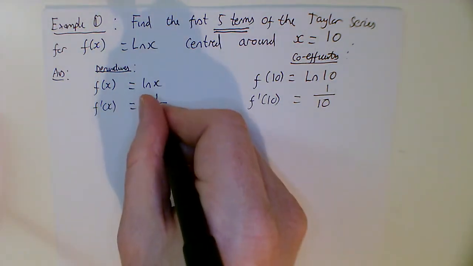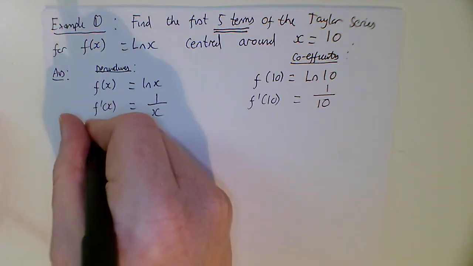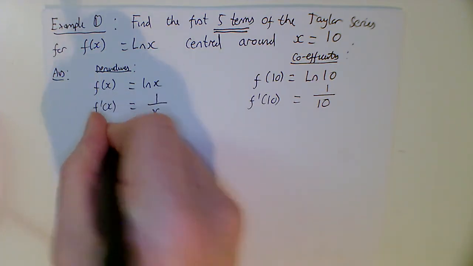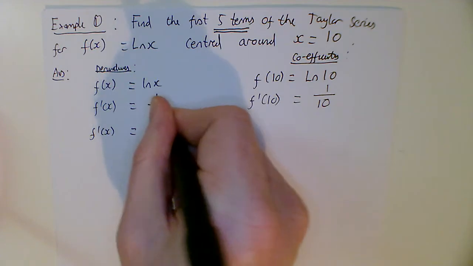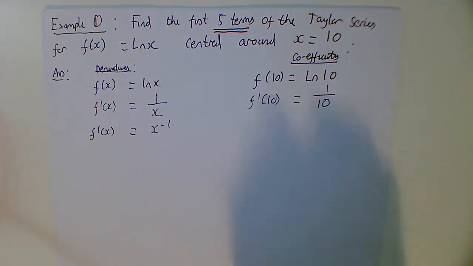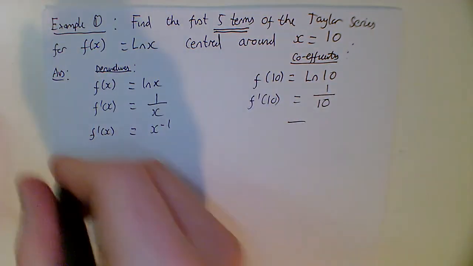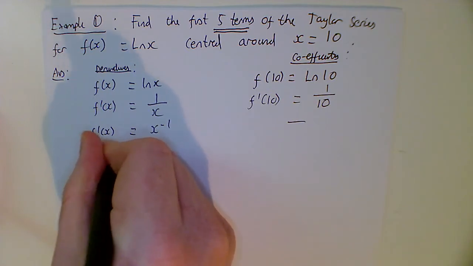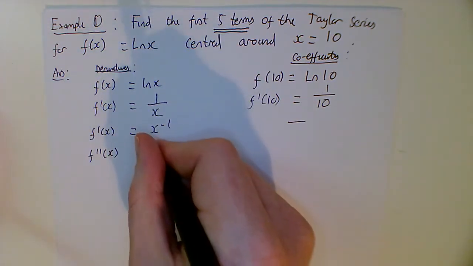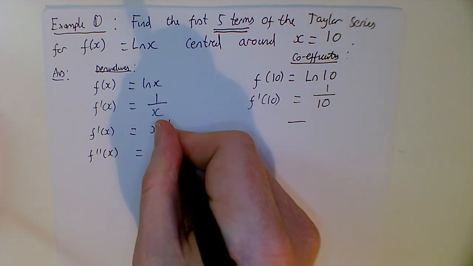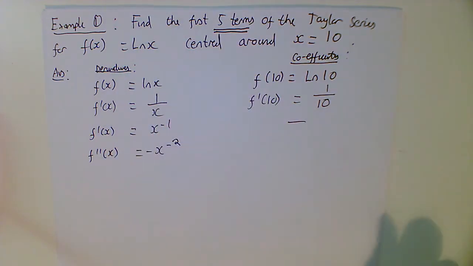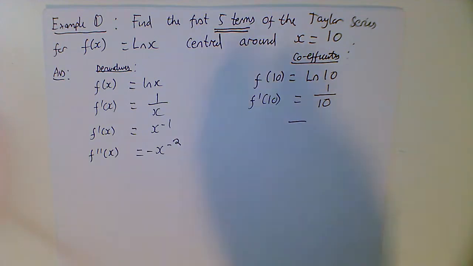Now, if I want to differentiate that, the first thing I've got to do is rewrite it. And then I can differentiate it. That gives me negative x to the power of negative 2.